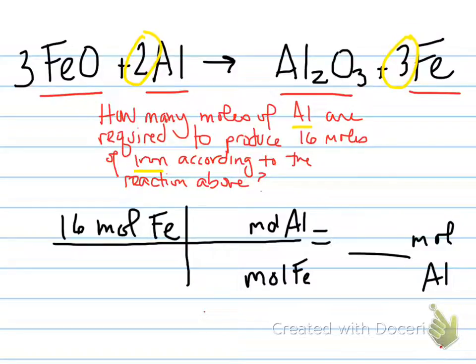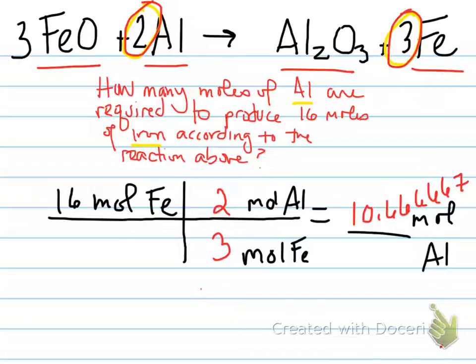And now we just take the coefficients from the balanced chemical equation and put them in. We get a number for moles of aluminum that are required. Calculators, go. Okay, you got a raw number? 10.666667. How many sig figs do we have here? 2. Because we're going from the given.